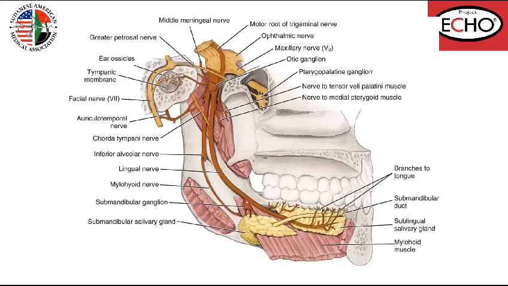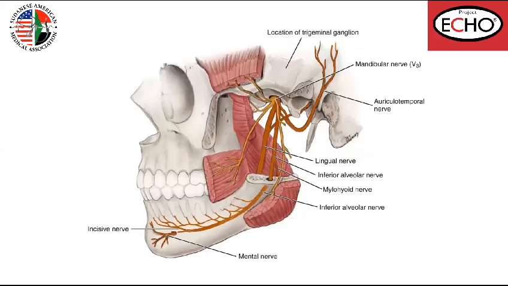These are the nerve supply for the mandibular nerve, for the mandible, sorry. This is the inferior alveolar nerve, which is the cornerstone in the mandibular anesthesia.